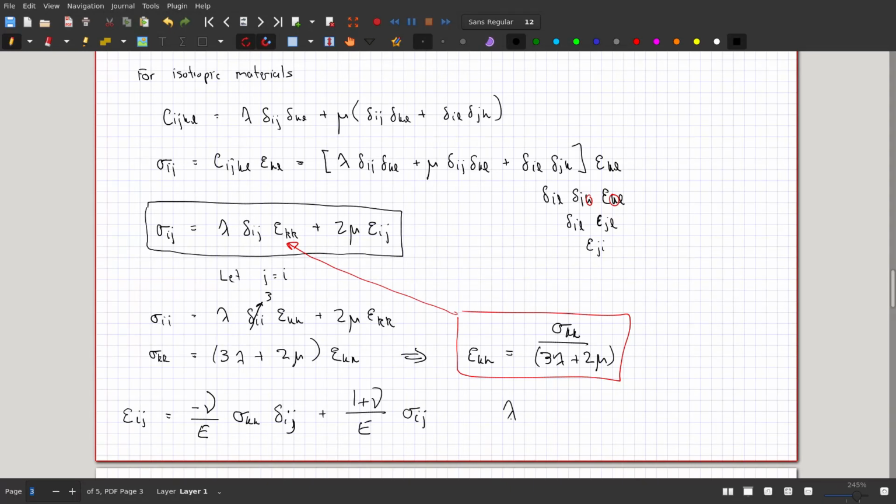There, you're just making the substitutions. So yeah, if you take this and substitute it in there, and then you substitute in these two relationships for the Lamé parameter and the shear modulus, then everything reduces compactly to this equation here.